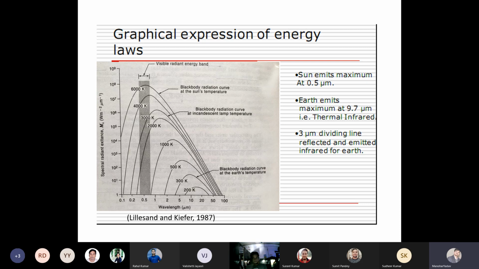Hello, sir. Yes. Sir, it is based on evolution, actually. If humans actually needed to see UV or IR radiation, they would have evolved to see that. Oh, no, that is correct.